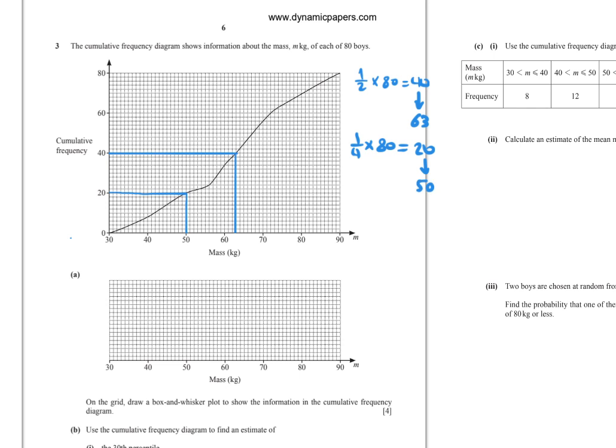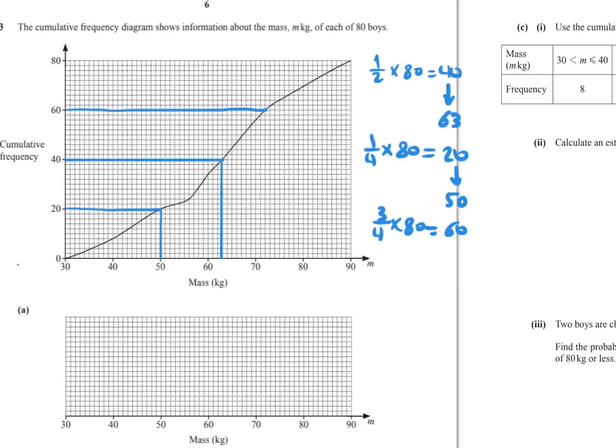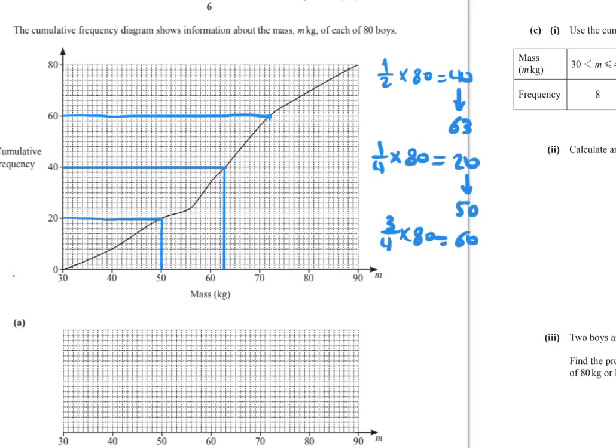Upper quartile, 3/4 times 80 equals 60. And from 60, draw horizontal line. Then find the corresponding value. It's 72.